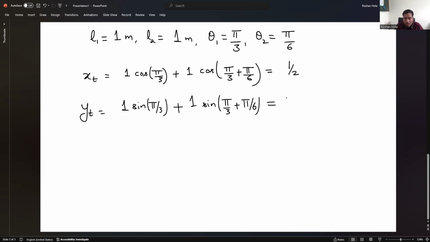So root 3 by 2 plus 1 is the value that we will get here. I will just quickly check whether these values are correct or not. I will use a calculator to compute these values.